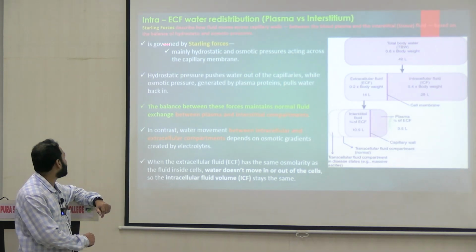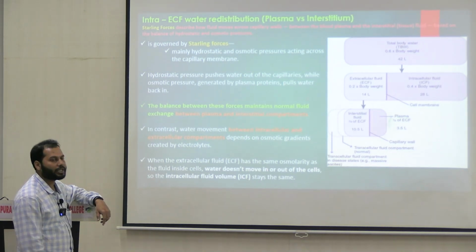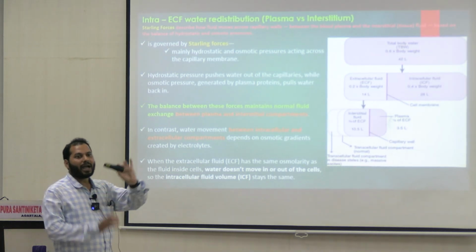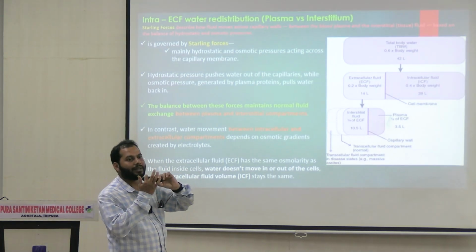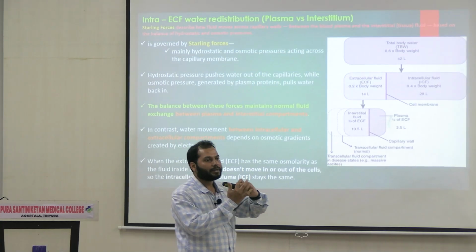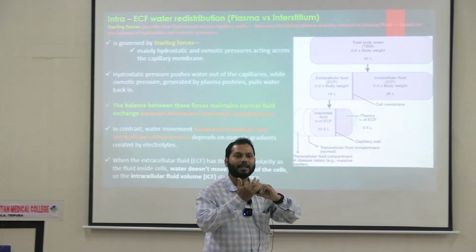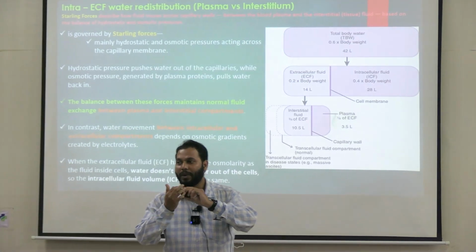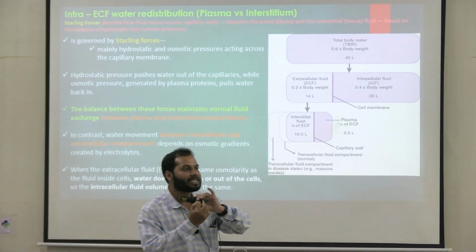That is totally based on the balance of hydrostatic and osmotic pressure. Suppose this is a blood capillary, right? And this is the blood capillary membrane. Outside the blood capillary membrane, there is interstitial fluid, but inside the blood capillary, there is plasma.